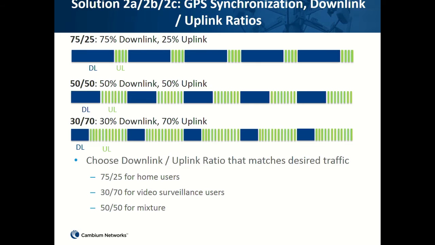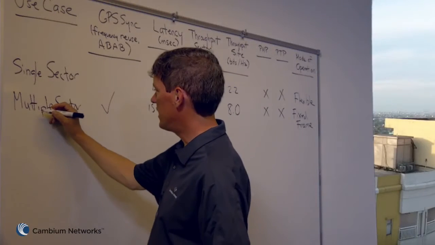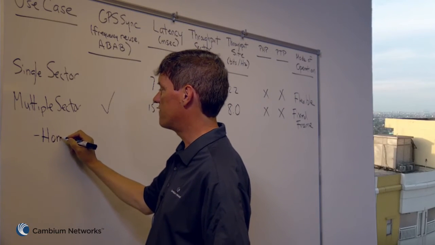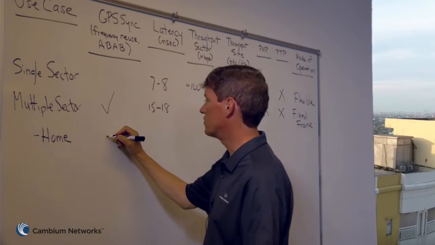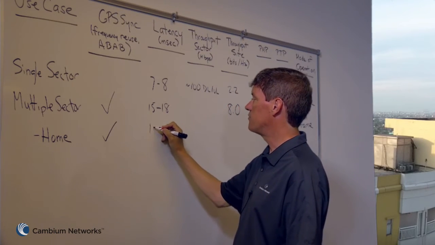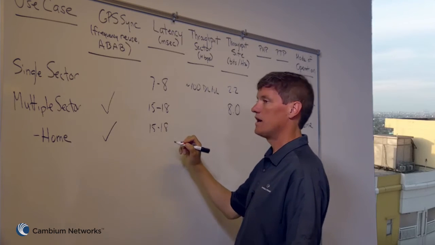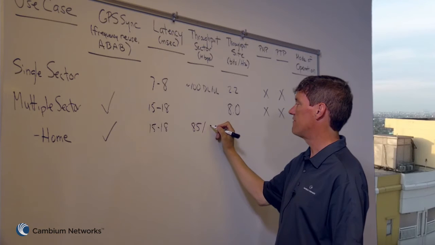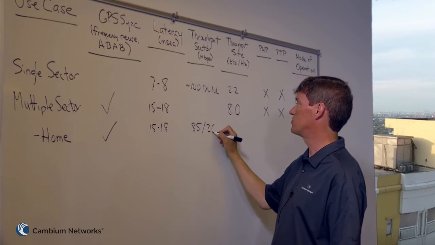Okay, so if I go through here, we can now show under here sub-use cases of the multiple sector. So we have the home, and of course we're doing this all keeps coming down here. Same latency. And then what we have here is you might have downlink throughput of 85, and uplink throughput might be somewhere like 20.